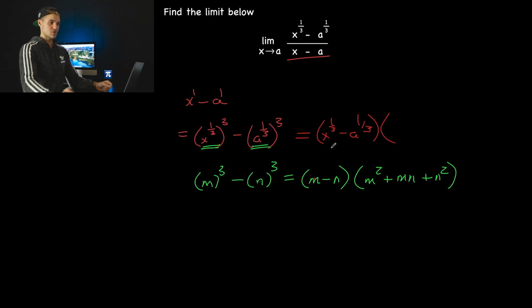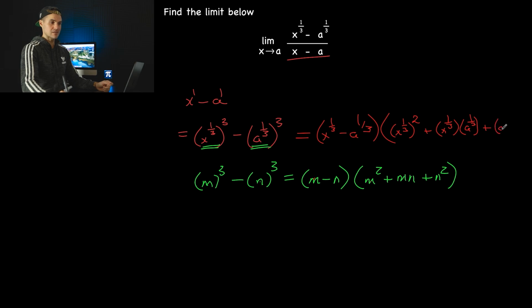So that first bracket is the m minus n. And then we're going to have m squared, so it's going to be x to the power of 1/3 squared, plus m times n, so x to the power of 1/3 times a to the power 1/3, plus n squared.